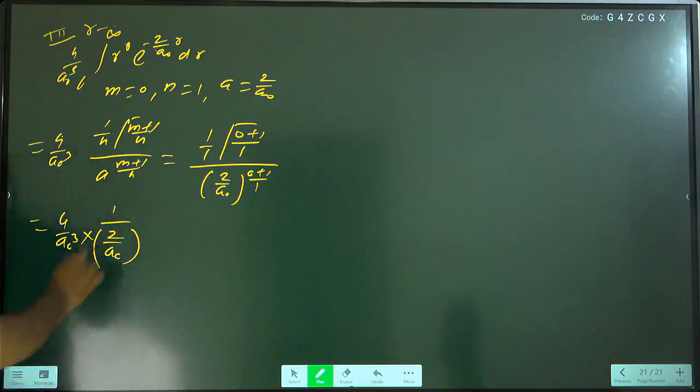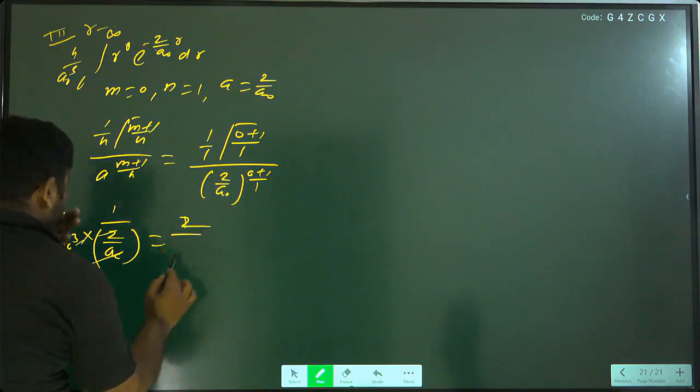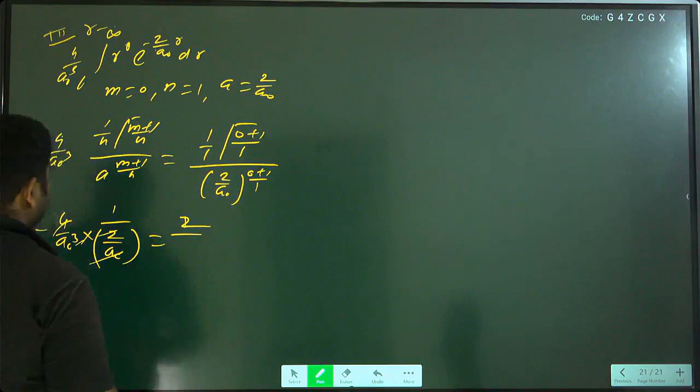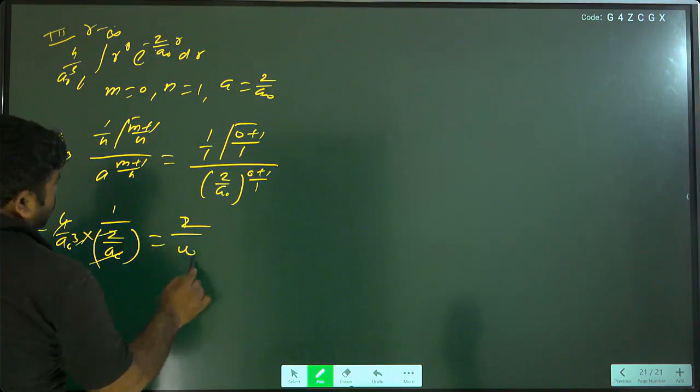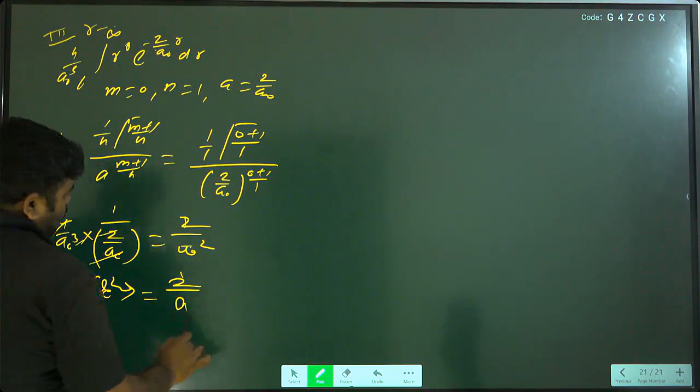Okay, one 2 gets cancelled, one a naught gets cancelled. This is equal to 2 upon a naught square. So the expectation of 1 by r square is equal to 2 upon a naught square.